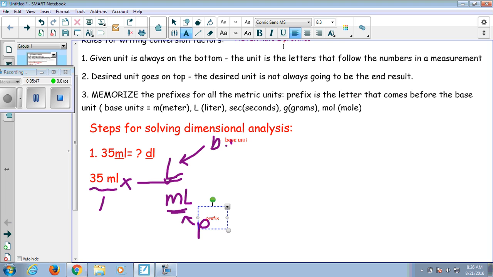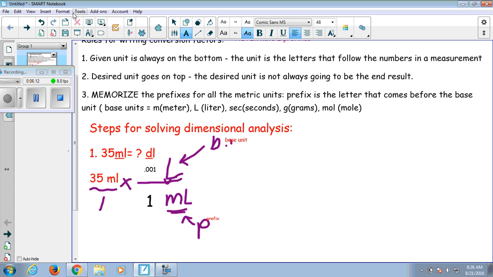Okay, so now we're going to put in the meanings of the prefixes. So we always put one with a prefix. So I'm going to put my 1 there. And then the meaning of the prefix goes on top. And milli, we will hopefully remember, is 0.001. Now look at what happened.